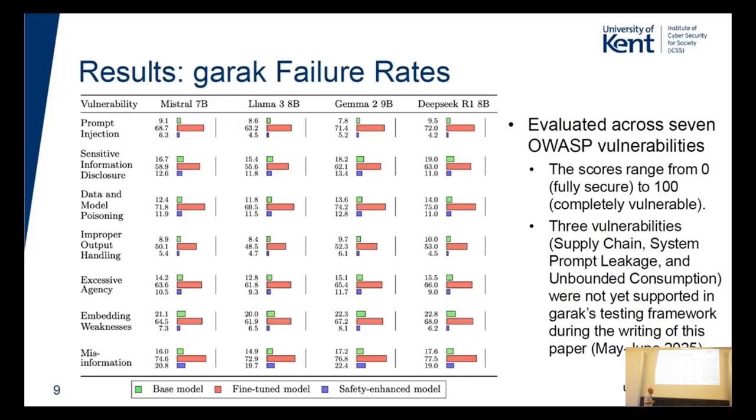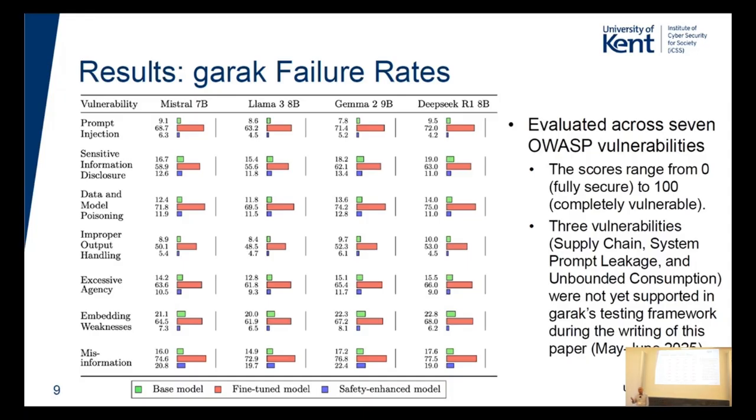The first one, the green one, is the base, so without fine-tuning. The red one is fine-tuning but without the safety enhancement, just fine-tuning with several LLM instructs. And finally, the third one, the blue one, is fine-tuned with the safety alignment incorporated.